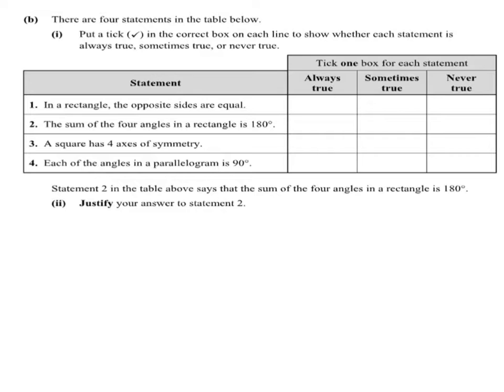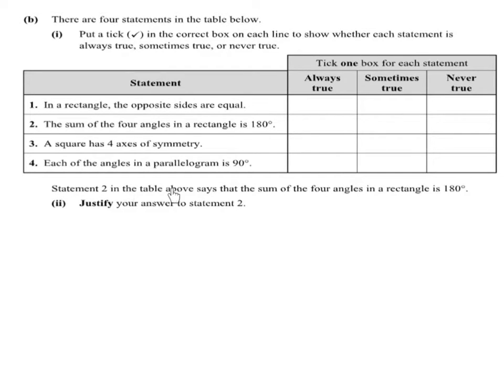Very, very important that we only tick one box for each statement. So statement number 1, we tick one of these boxes. Statement number 2, we tick one of these boxes. Statement number 3, we tick one of these boxes. Statement number 4, we tick one of these boxes.